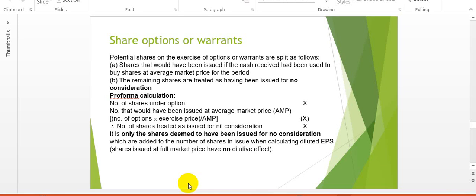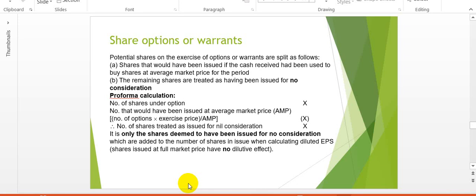Then the employees or the managers have got the option to buy shares in the company at a discount so that they become shareholders. That's what a share option is.